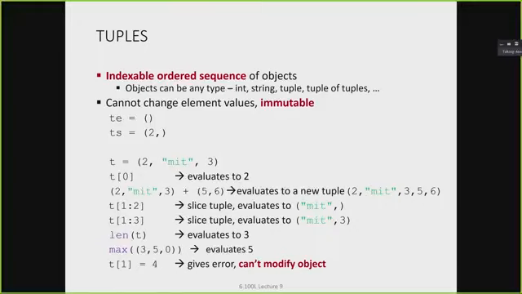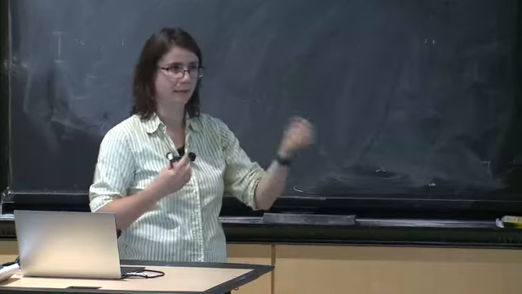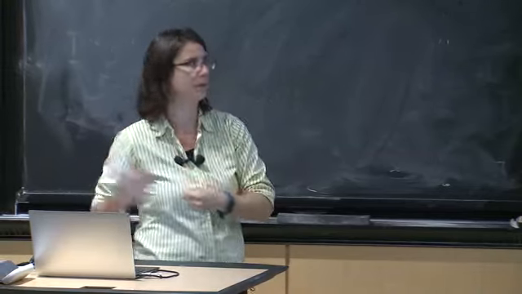So there's going to be an object at the first position in my tuple, an object at the second position in my tuple, and so on, just like there was a character at the first position, character at the second position, and so on. An indexable ordered sequence means that we can index into this object. So we can grab the element at index 0, grab the element at index 1, and so on and so on.